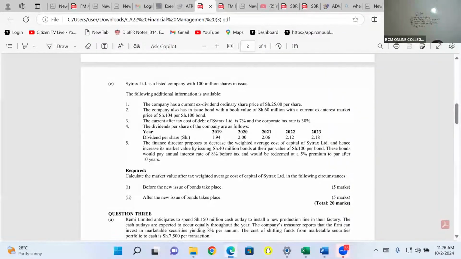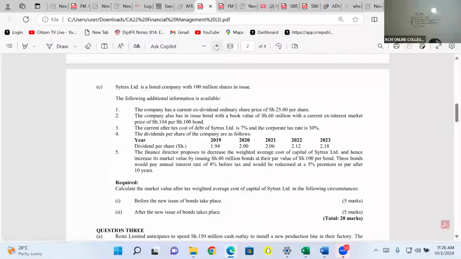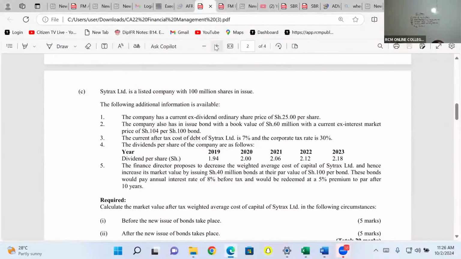Citrus Limited is a listed company with 100 million shares in issue. The following additional information is available. The company has a current ex-dividend ordinary share price of 25. So they've given us the market price per share, which is ex-dividend.